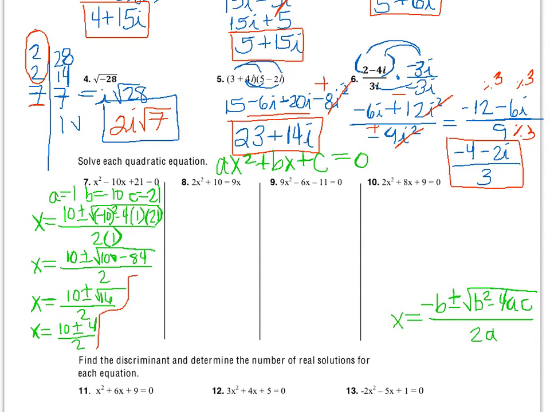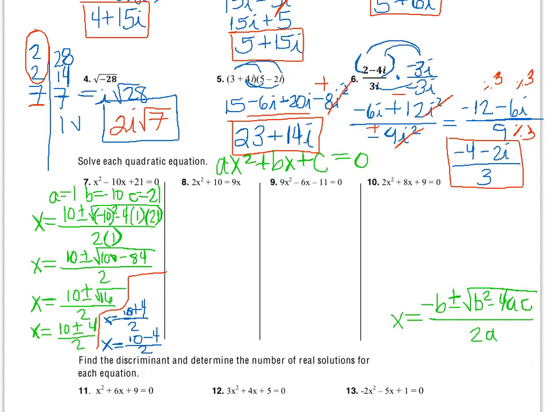Okay, so one of my answers, I'll go a different color. One of my answers is going to be x is equal to 10 plus 4 over 2. And the other answer is x is equal to 10 minus 4 over 2.